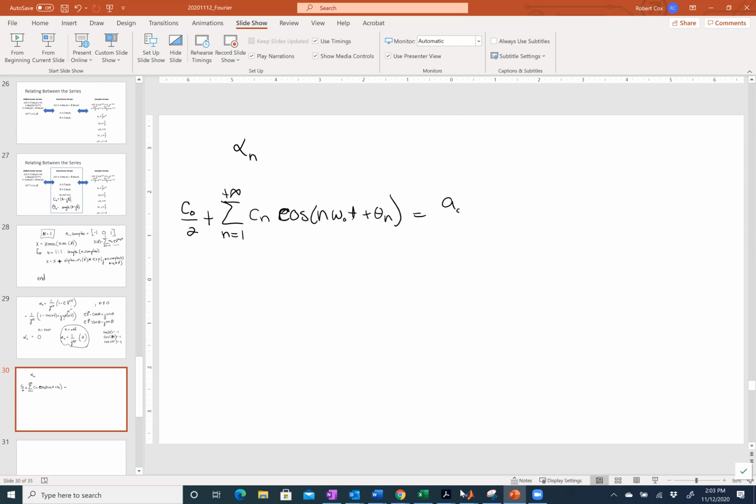And that should also be equal to A0 over 2 plus the summation n equals 1 to infinity of An cosine n omega naught t plus the summation n equals 1 to infinity of the sine terms. So if I know the alpha n values, how would I calculate the Cn, theta n, An, and Bn?